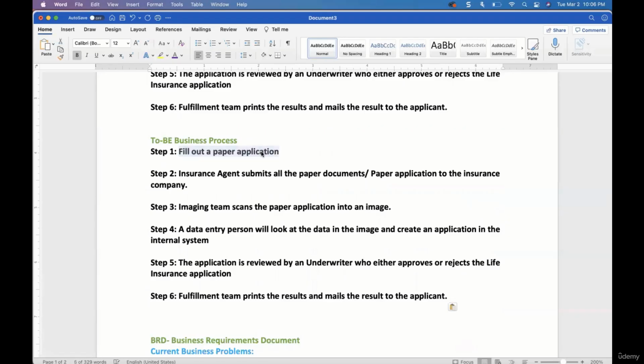Will this happen? Fill out paper application, will this happen? No, that's not going to happen. So I'm going to strike this here. Instead, what's going to happen? They'll have to fill up an online form.